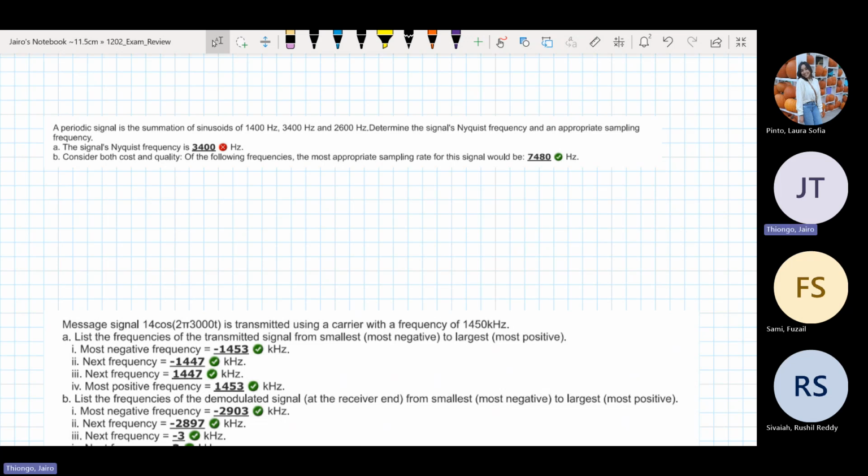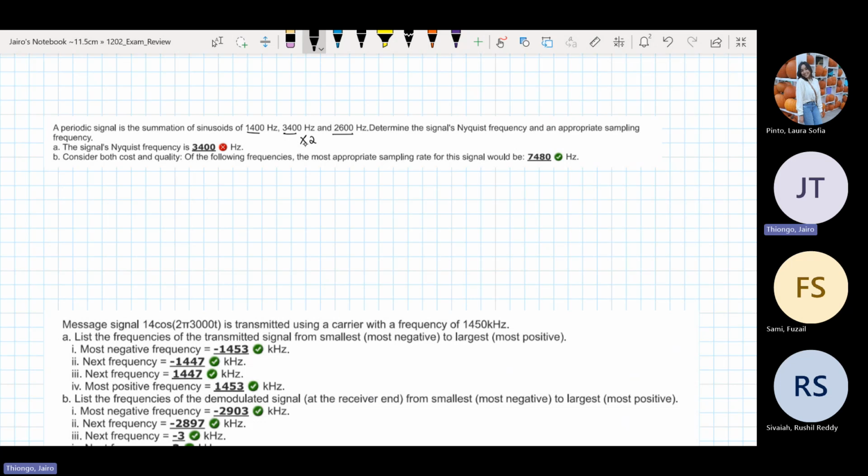So this student failed answering the signal's Nyquist frequency. The signal's Nyquist frequency is twice its maximum frequency. Of all the values given, you may get different values, so look at the one that's the highest. For this student, I think they stopped at the highest, so it's supposed to be twice the highest.